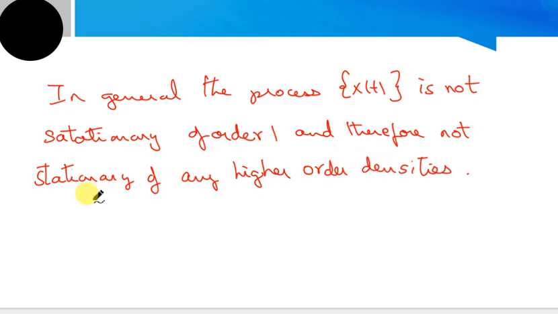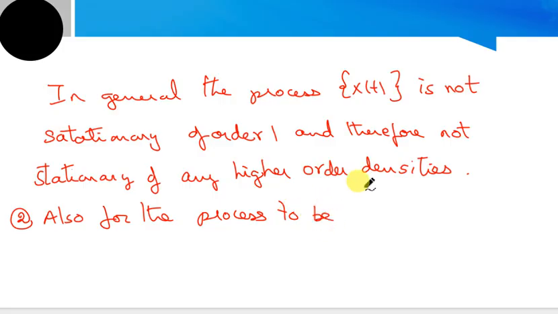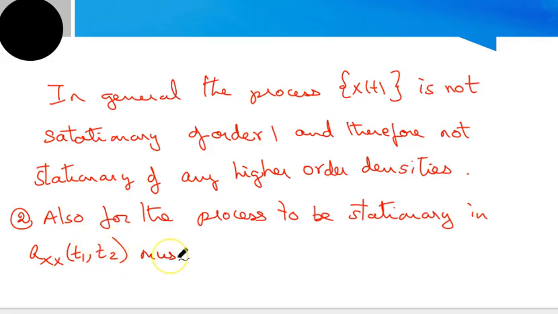Also, for the process to be stationary, the autocorrelation, that is Rxx of T1, T2, must be a function of the time difference, which in this case is T2 minus T1.